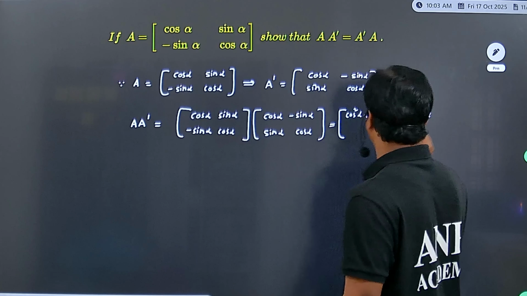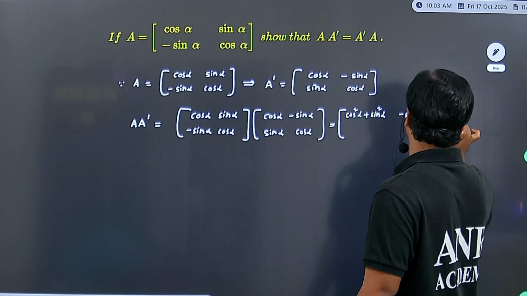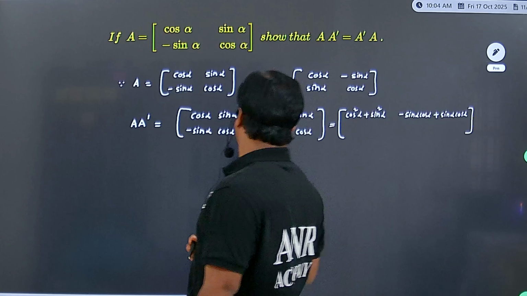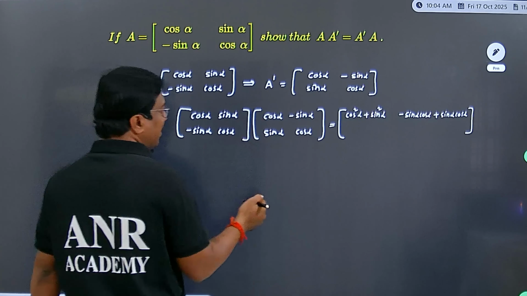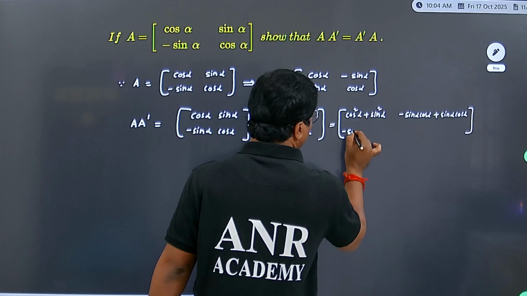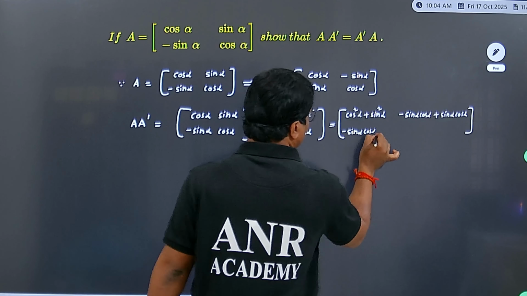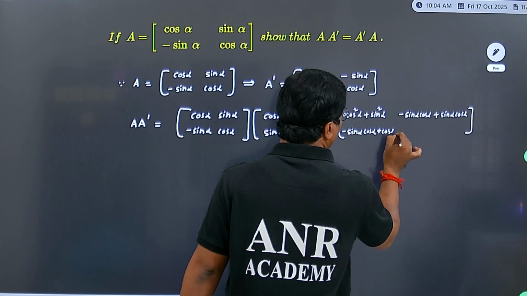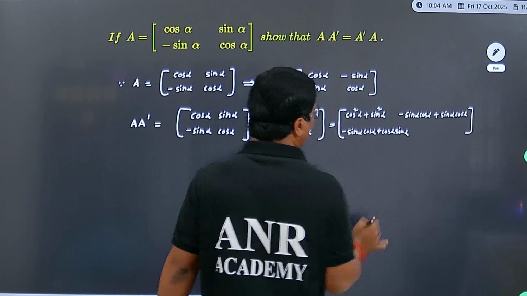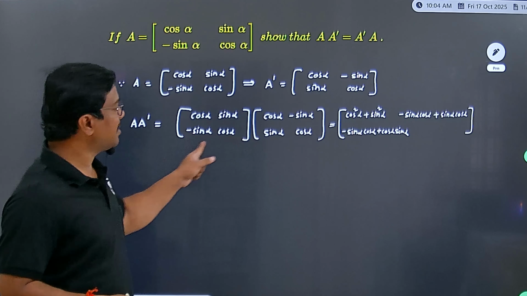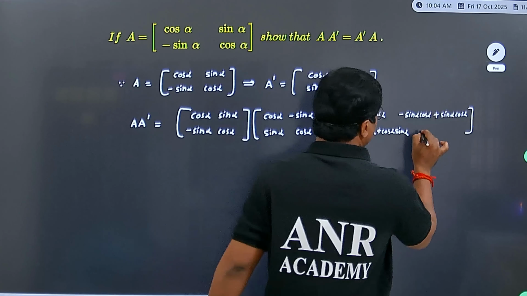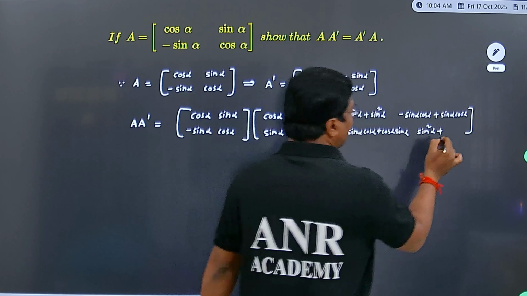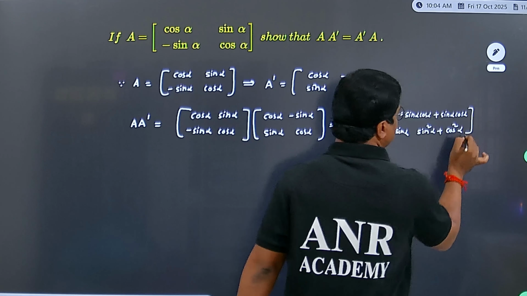Next, product of these two, plus sin alpha into cos alpha, and after that minus sin alpha into cos alpha, minus sin alpha cos alpha. Next, cos into sin with plus sign, cos alpha sin alpha. Next, minus sin alpha into minus sin alpha, that is sin square alpha, plus cos alpha into cos alpha, written as cos square alpha.